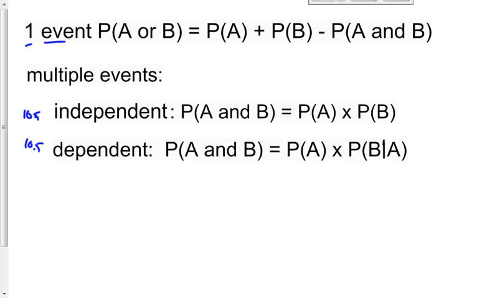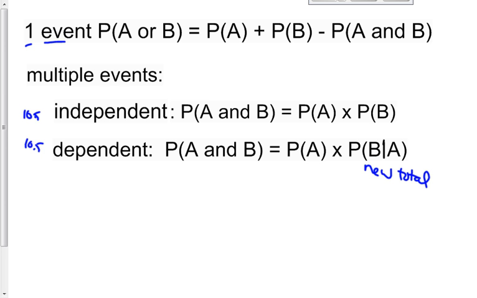Probability of A and B is probability of A times the probability of B, knowing that A has already happened. And this is the one where you have a new total on the bottom when you do your yes over total.